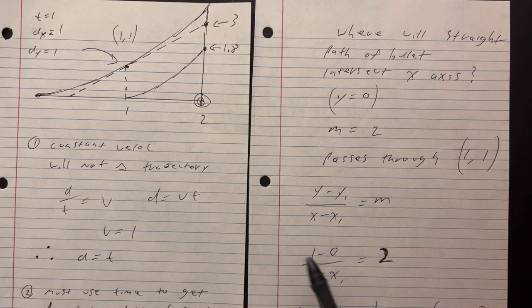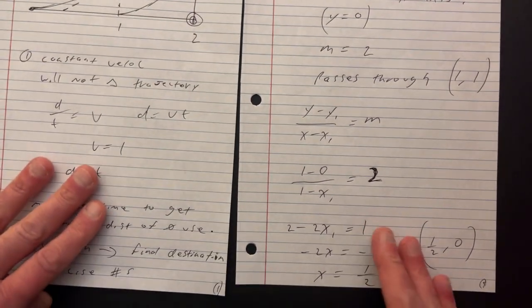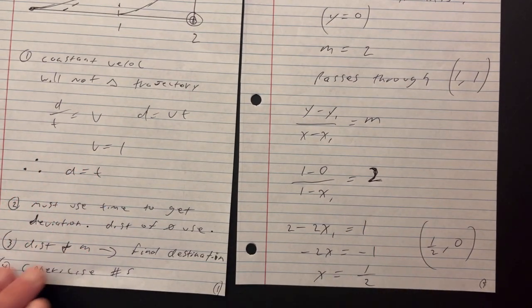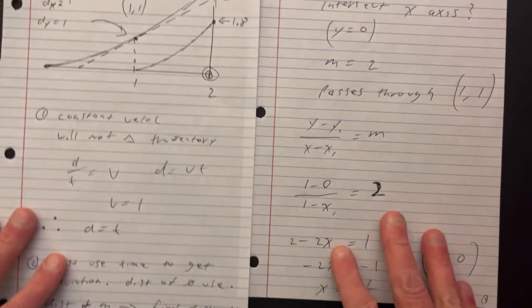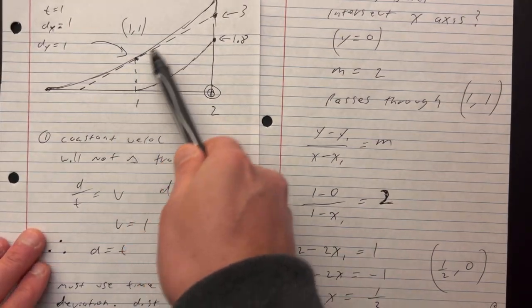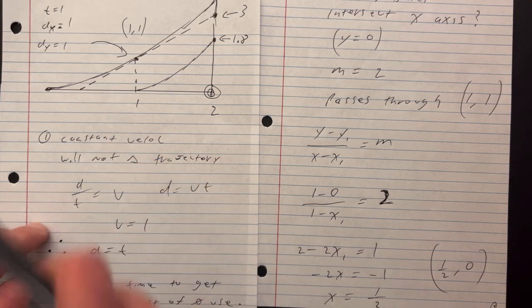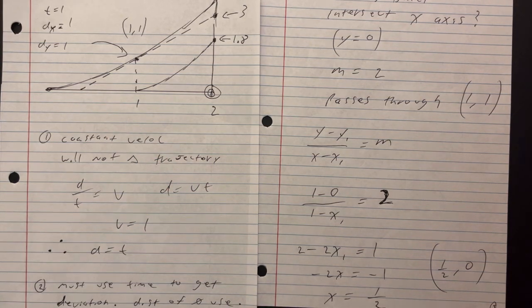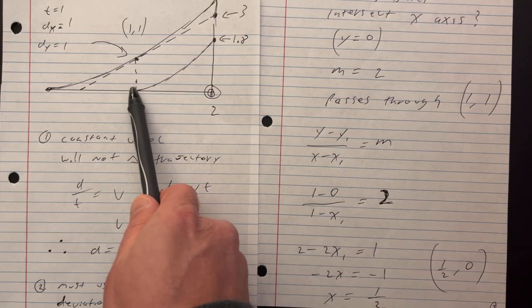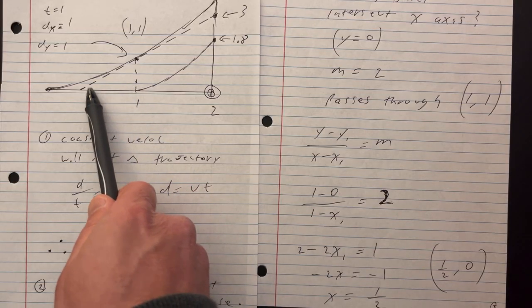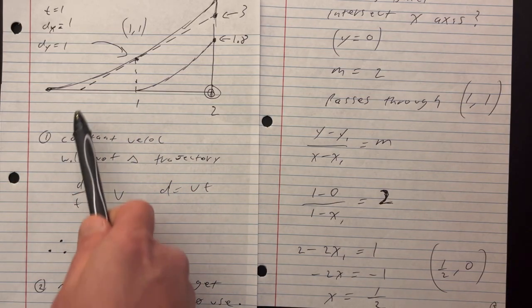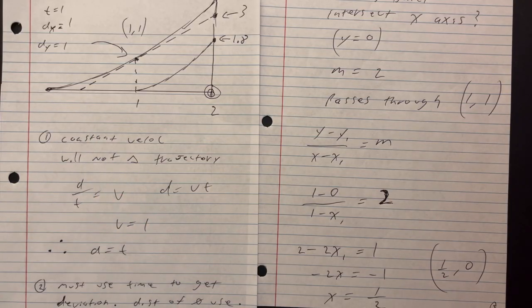We can use actually this point (1, 1), we can plug that in for either y1 and x1 or just y and x, doesn't matter as long as you're consistent. And let's go ahead and solve for x, and we will get 1/2. So that means this point right here of the hypotenuse of this triangle will connect at 1/2 point, which will be 1/4 of the range. And that is because point 1 is at the halfway mark of the range. So if you divide that in half, then you get 1/4 of the range. My drawing's not exactly accurate there, but close enough.